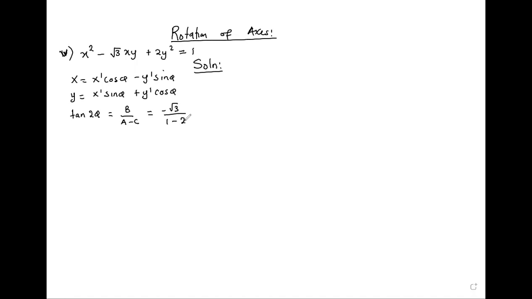Remember, we are getting this from the equation ax squared plus bxy plus cy squared plus dx plus ey plus f is equal to 0. So a is the coefficient of x squared, b of xy, c of y squared. This will give us negative root 3 over negative 1, which is positive root 3.